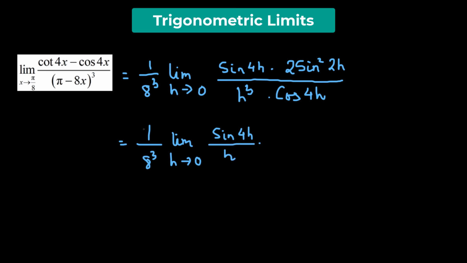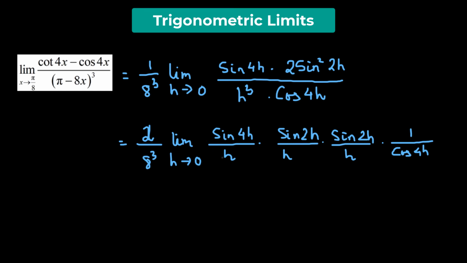So 2 can be taken to the front. So we have 2 over 8 cube. We have sine squared 2h. So let's break it down as the product of sine 2h and sine 2h. So we have sine 2h over h times sine of 2h over h times 1 over cosine of 4h.